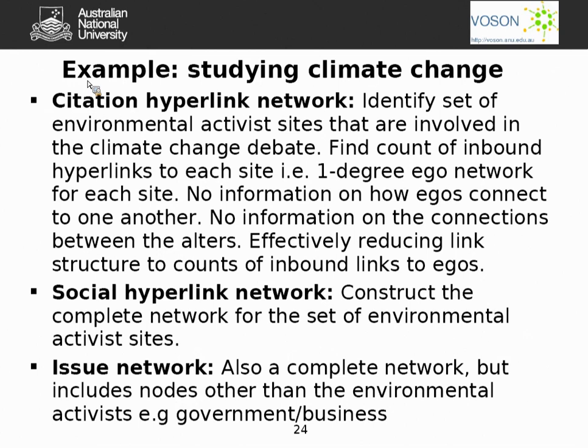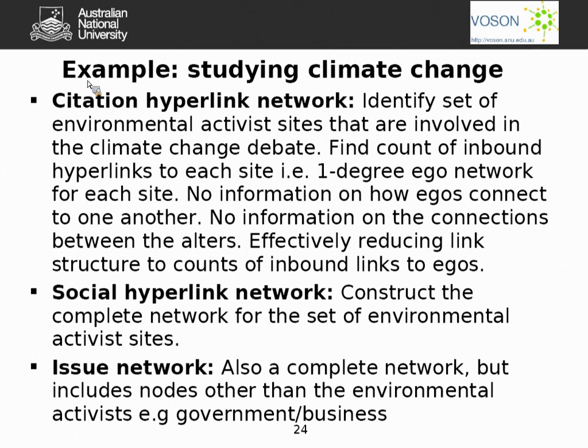The thing about this citation hyperlink network is I wouldn't have any information about how those websites connect to each other, because it's just raw counts of inbound links. I'd have no information on the connections between the sites that are linking to these environmental activist sites.